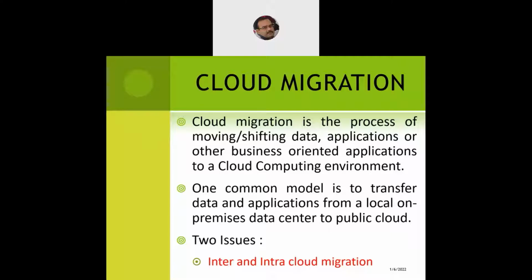So the problems of compatibility, security, reliability prune down a lot, because they are easily compatible with each other in terms of configurations also. But in the other case, when you are moving from one cloud service provider to another cloud service provider, for example, if I want to share or distribute the data between the applications which are running on software as a service from the IBM cloud server to the Google cloud server, or from the Google cloud server to the Amazon web servers, then I will have multiple problems, because different cloud service providers have their own issues.